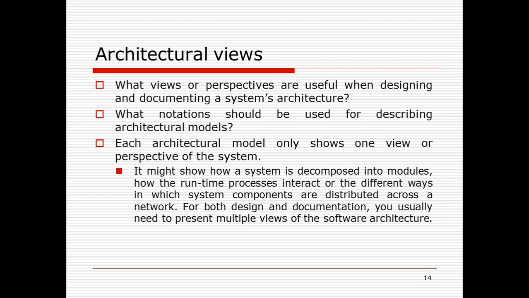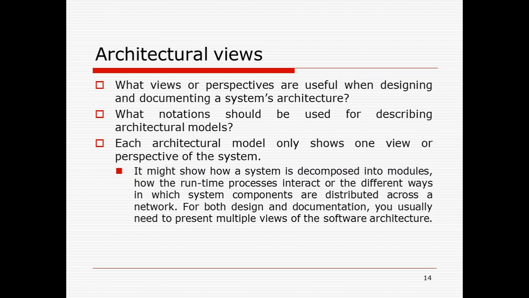Each architectural model basically represents one particular view of the system. A view may show how the system is decomposed into modules, or how the runtime processes interact in different ways, or how it is distributed across the network.